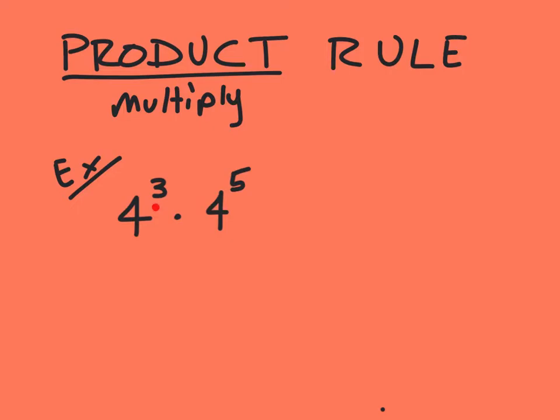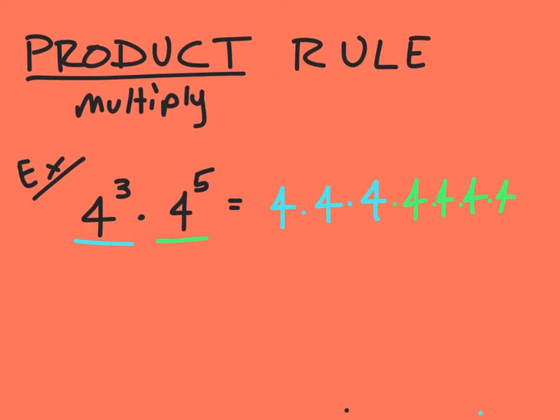So let's rewrite 4 to the 3rd power as 4 times 4 times 4. And now let's rewrite 4 to the 5th power as 4 times 4 times 4 times 4 times 4. 4 to the 3rd power means I'm multiplying 4 3 times.